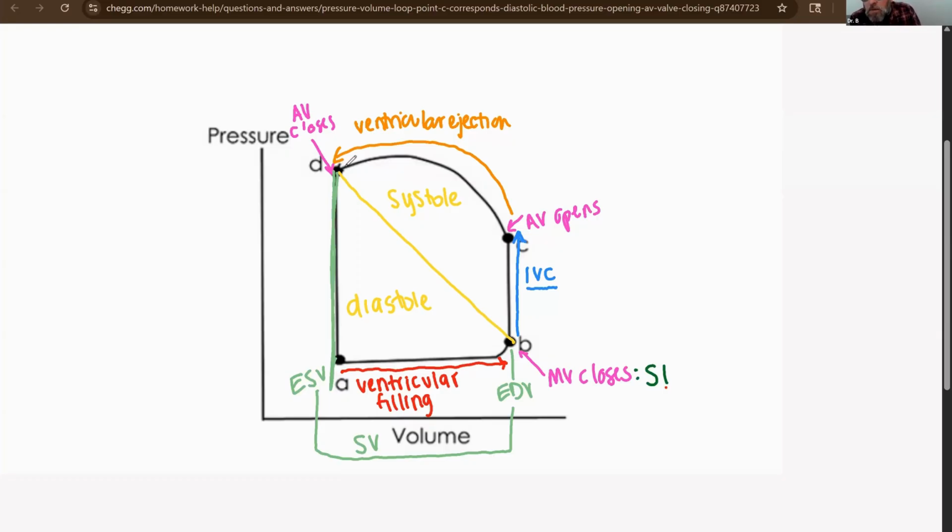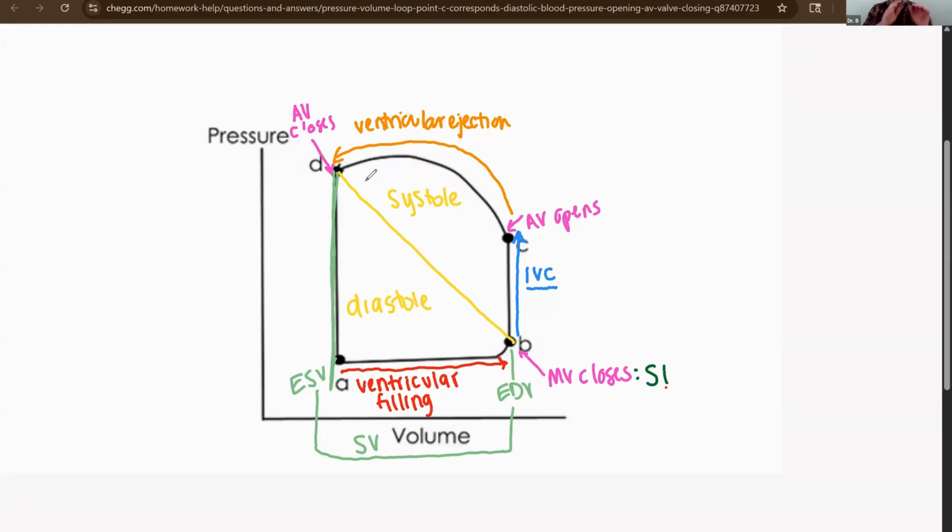The reason we distinguish that A is not ESV, but point D is, is because of the name, end systolic volume. Point A is actually at the middle of diastole. D is the end of systole and the beginning of diastole, and so A would technically be the middle of diastole. So that's why technically D is ESV.